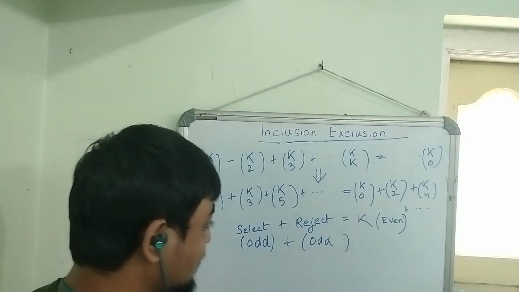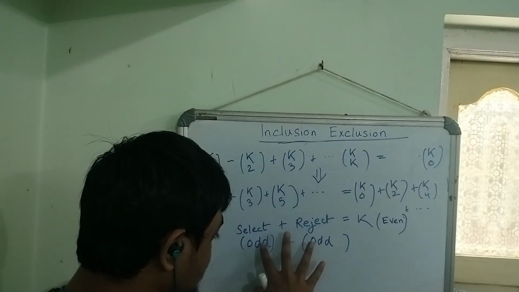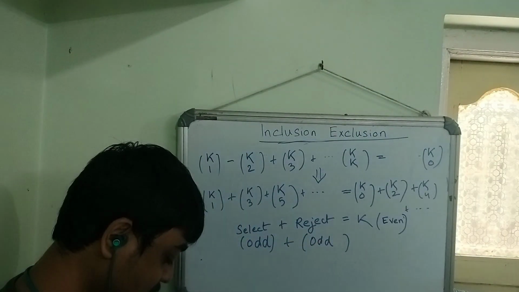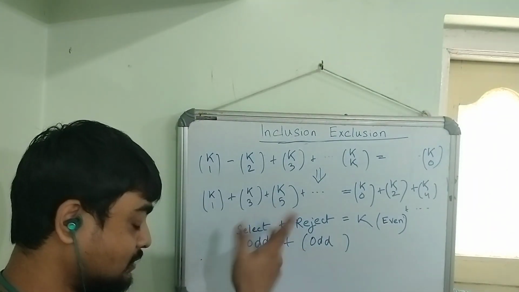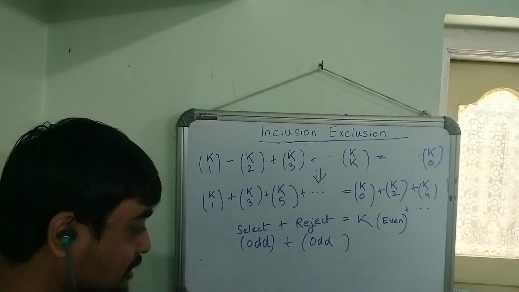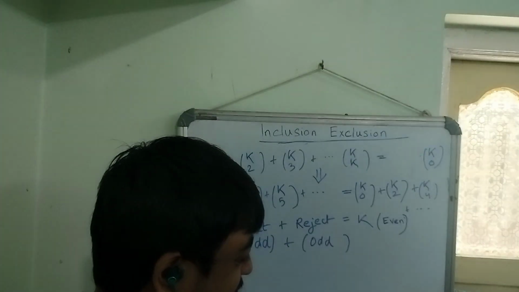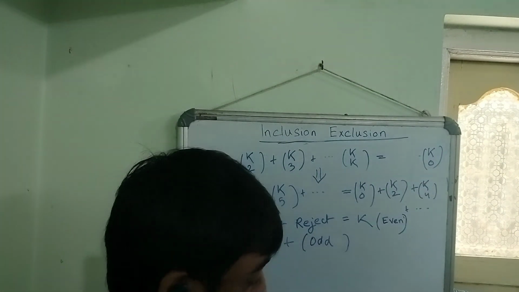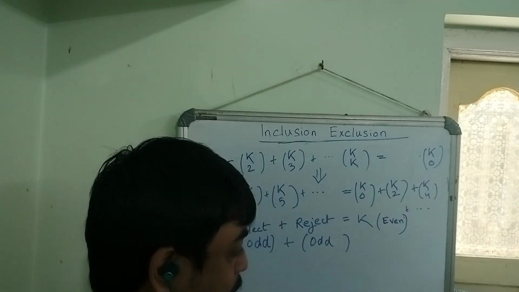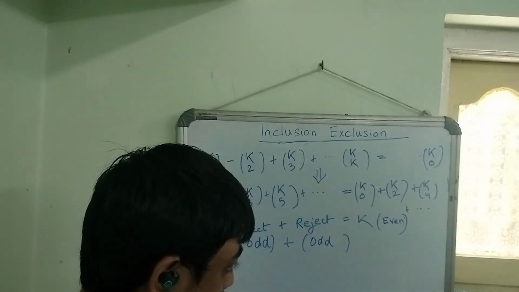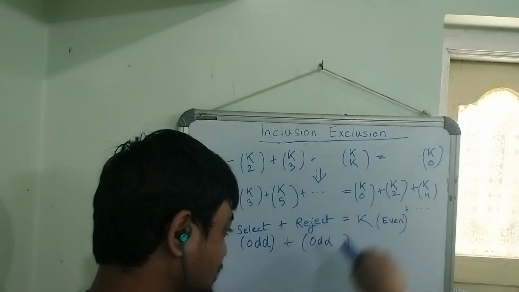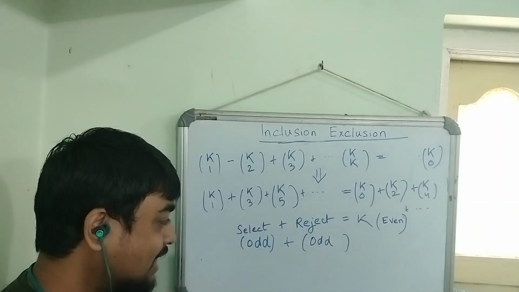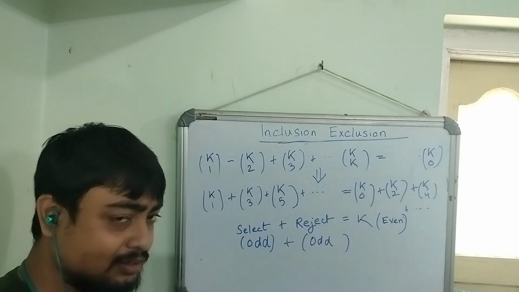See, if k was odd, then we would have been happy because then it's done. Since k is even, we can't do anything. Fine. How to make this odd? We can't just add anything and make it odd. We can add, but that will just change the whole thing.